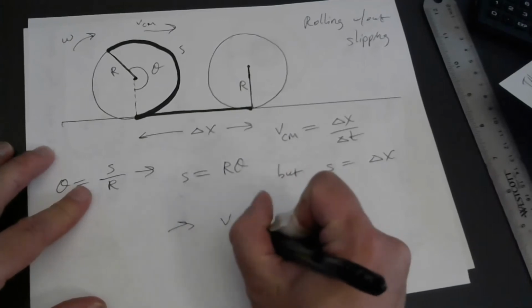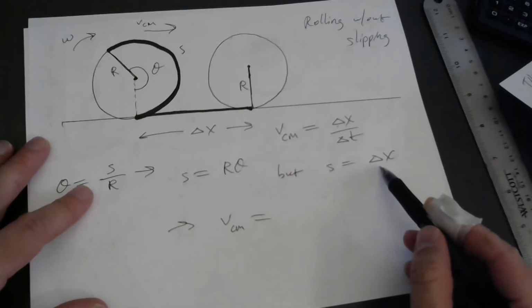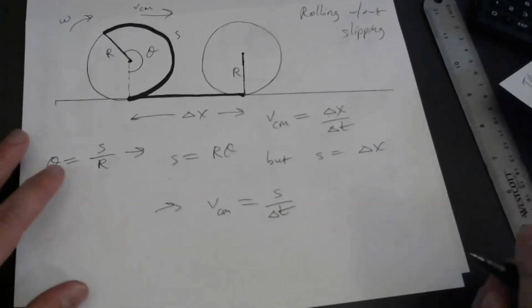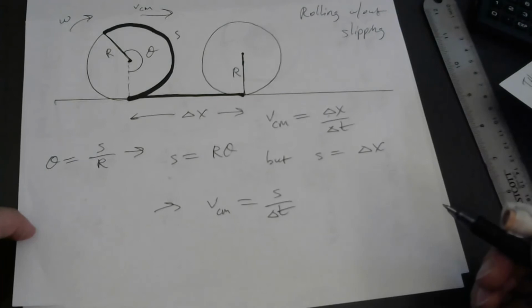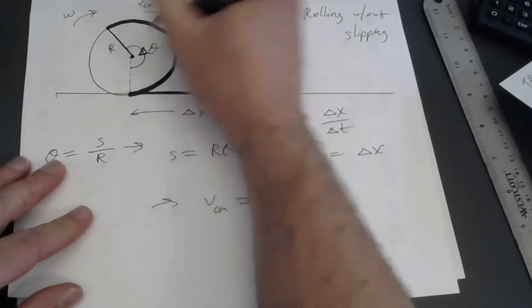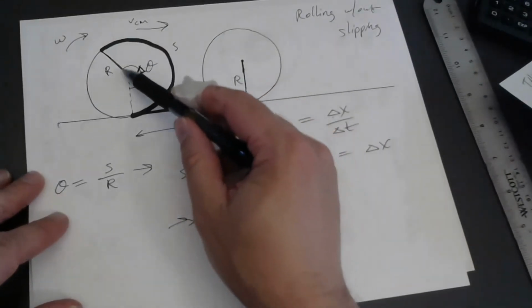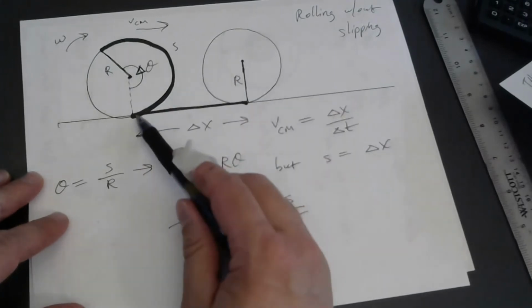So now we can say that the center of mass velocity, instead of delta x, I can write s. That would be s over delta t. And now here's where we make the substitution. Maybe I should call this delta theta. You'll see why in a second. Delta theta will be the angle through which this painted line turns as the wheel rolls through this distance.